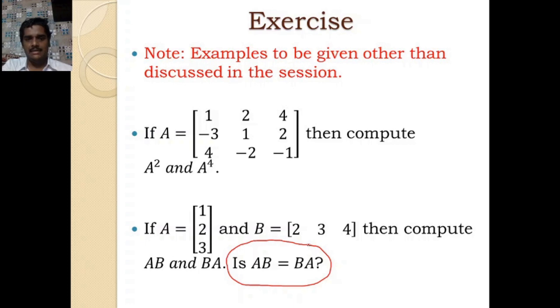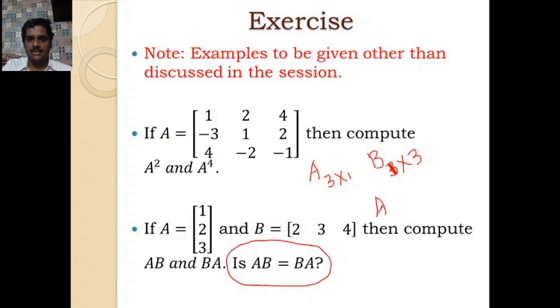For that I want the order of matrix A. The order is 3 by 1. And what is the order of matrix B? Matrix B has order 1 by 3. There is one row and there are 3 columns.